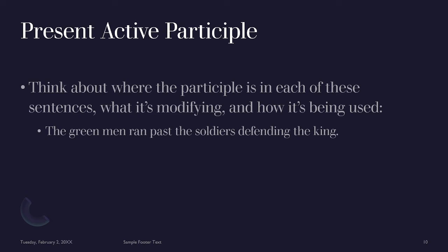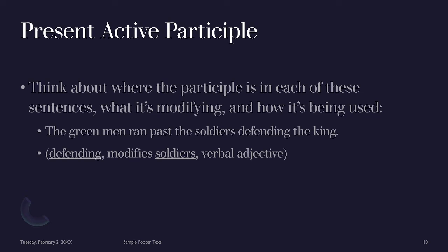Okay, so defending, that's another action thrown into the sentence. And in this case, defending is modifying the soldiers. But who are the soldiers defending? Well, the king. So this would be an example of using a participle as a verbal adjective.